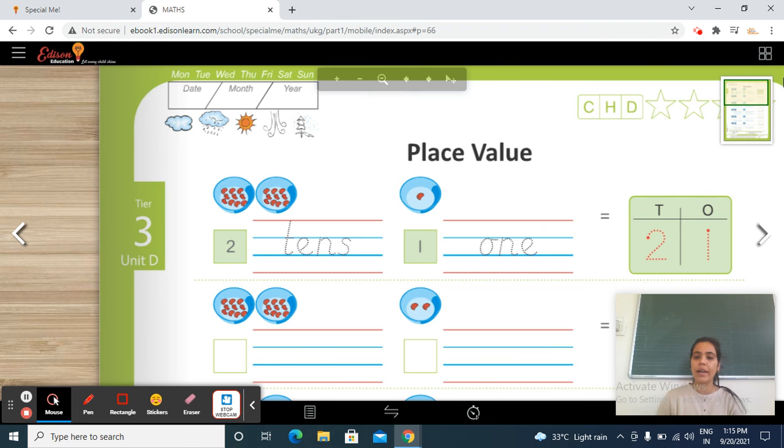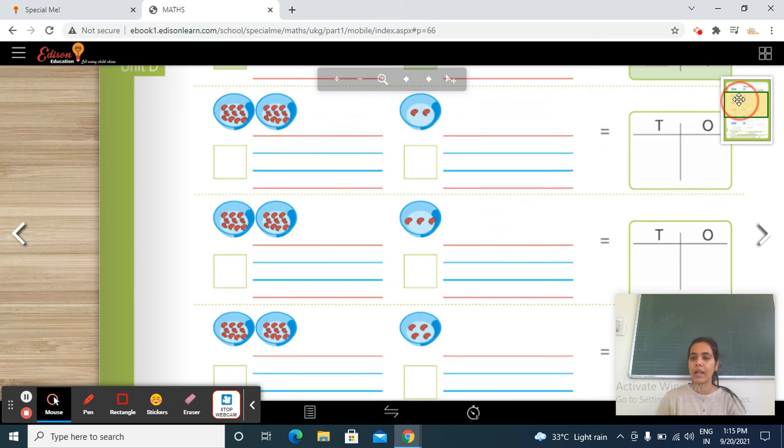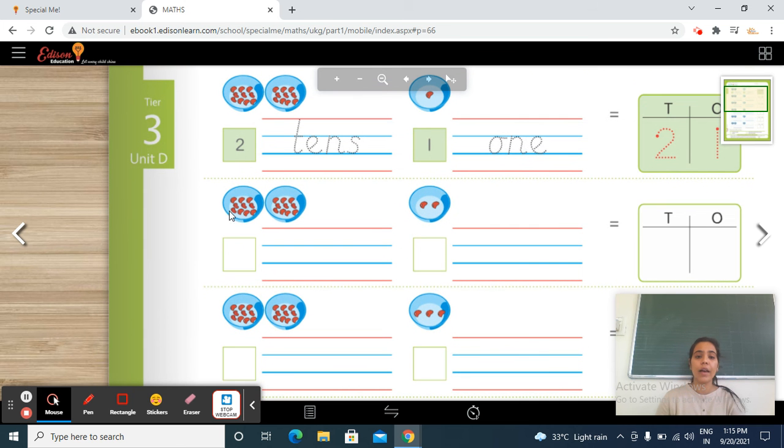Now we will do the next part. Here again there are two bowls having 10 beans in each. So we will write two over here, and here we write tens, because we have 10 items in each.